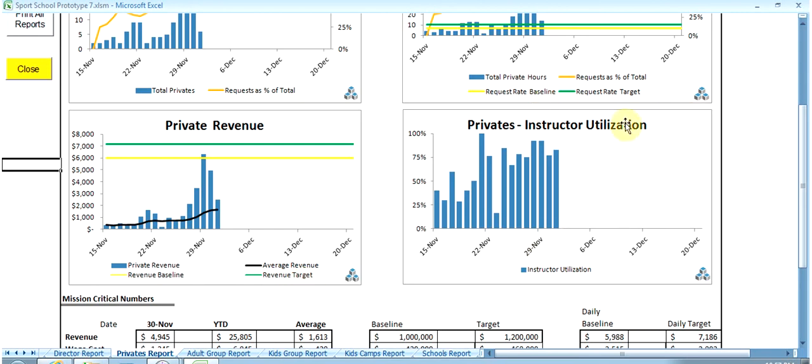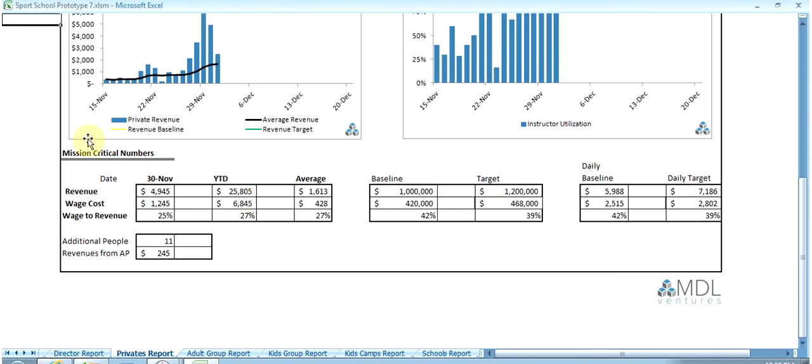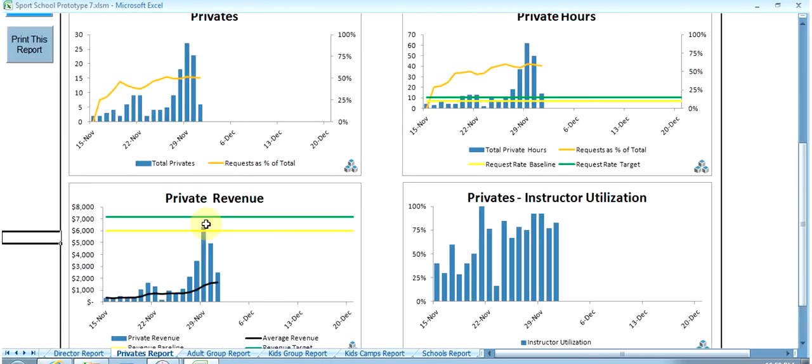Instructor utilization is simply the number of teaching hours versus the number of standby hours, so that you can understand how you're using your instructors assigned to your private program. Mission critical numbers for privates are revenue, wage cost, wage to revenue, and in this case, additional people and revenues from additional people.